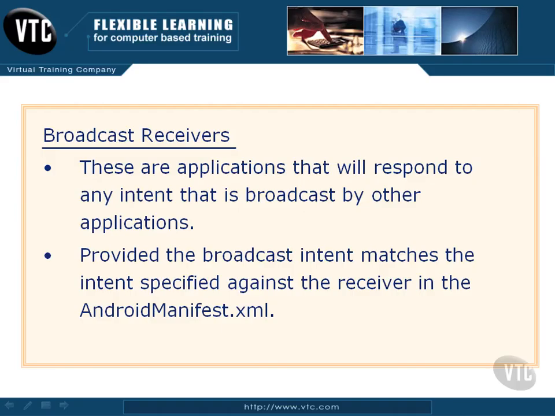So this is a really cool idea because it allows a given application or service to broadcast messages and completely different applications to pick up those messages and respond to them in whatever way is appropriate for that particular application.